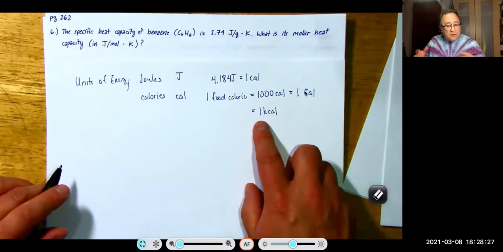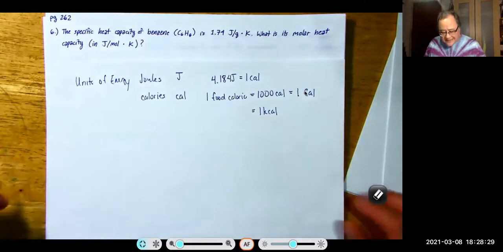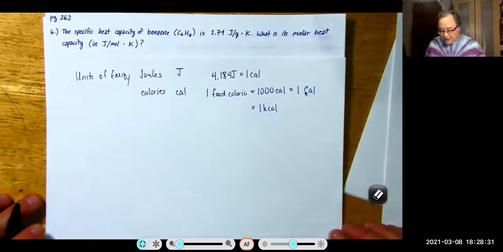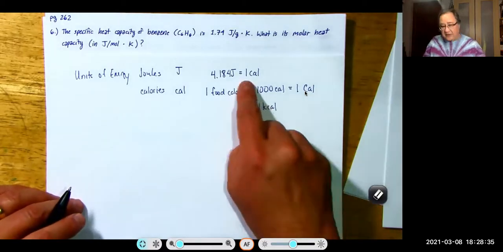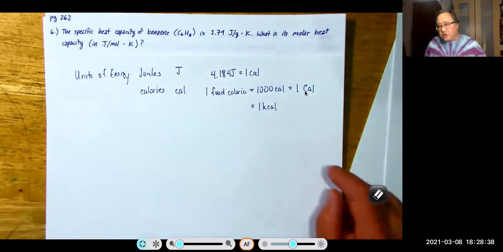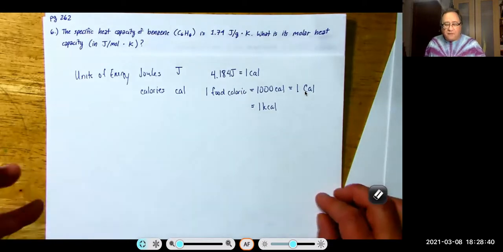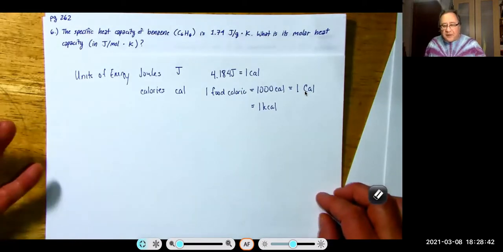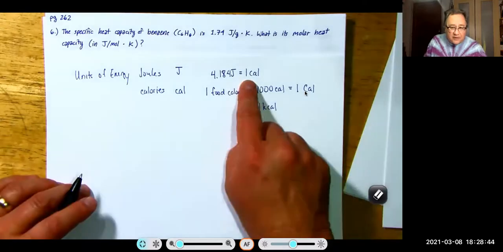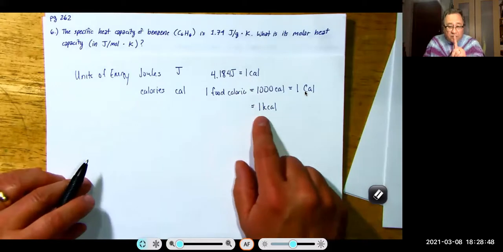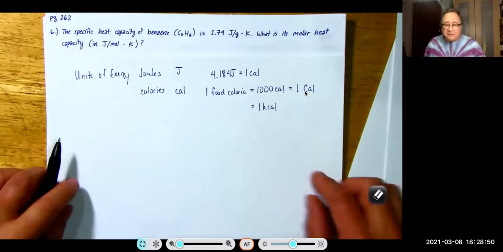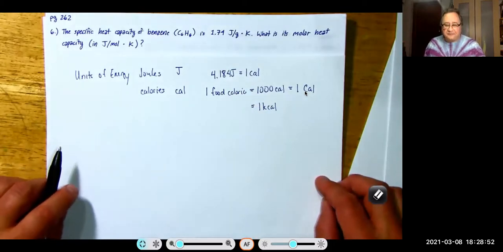So 1 food calorie is a kilocalorie. And to give you an idea of how much energy there is in 1 calorie, like this one, the chemistry calorie, if you were to pick up a 6-pack off the ground, you would expend 1 calorie. If you wanted to expend 1 kilocalorie, 1 food calorie, you'd have to pick up that 6-pack 1,000 times.